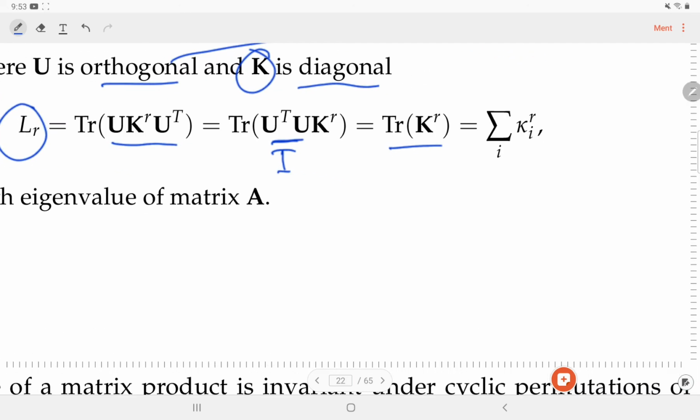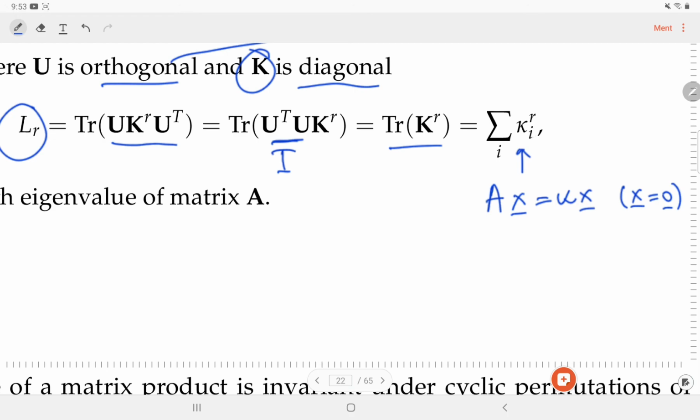In this lecture, the eigenvalues are denoted with kappa. For kappa, it holds that A times x is equal to kappa times x, where x is a non-zero vector. That's the so-called eigenvalue-eigenvector problem.